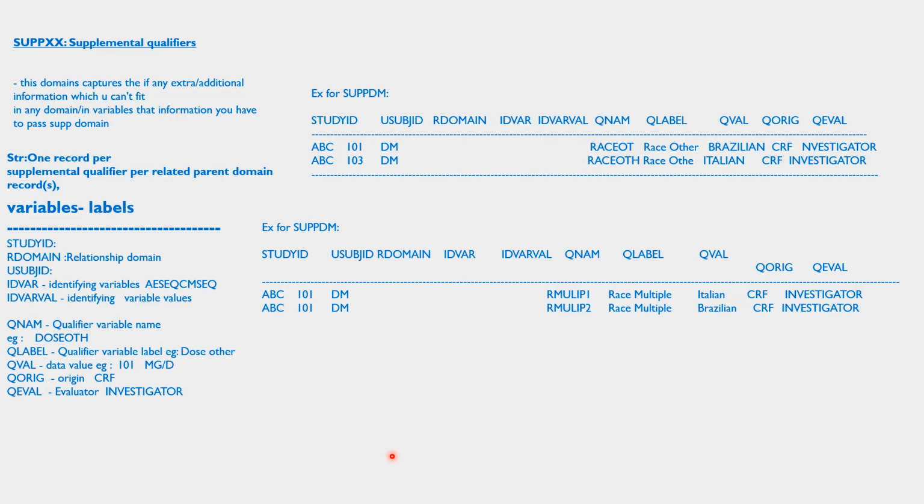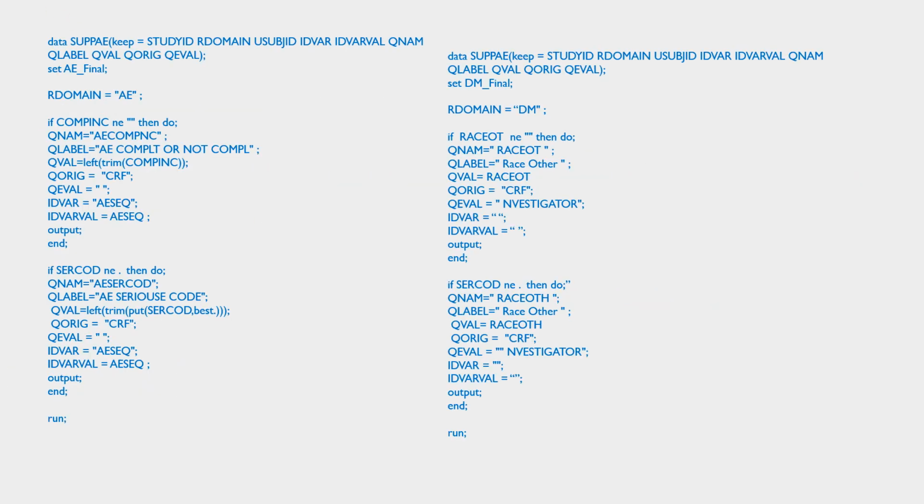In the next slide we'll see how to create the sub-domain in the parent domain. While creating the sub-domain, we need to get some variables from the main data, so we keep only the required variables.